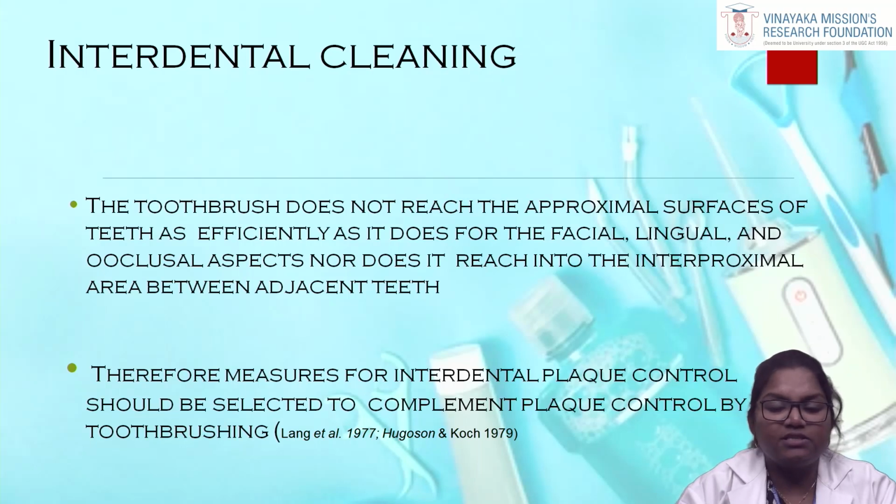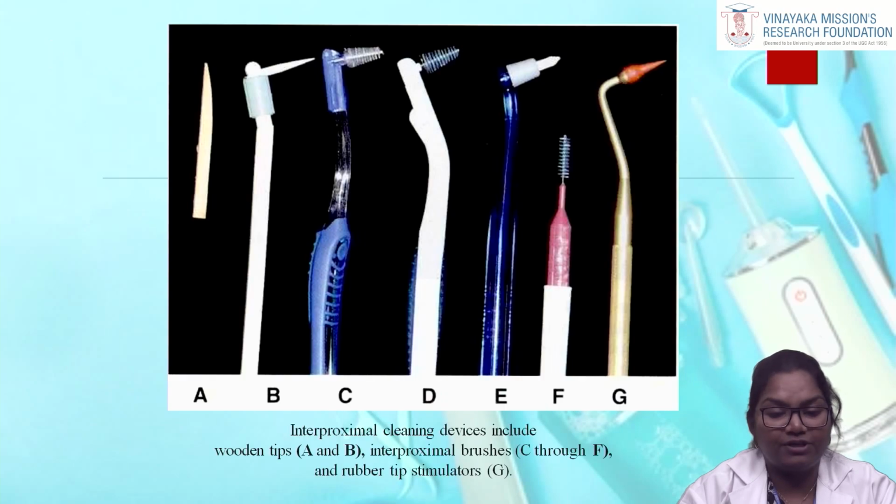The toothbrush does not reach the proximal surfaces of the teeth as efficiently as it does the facial, lingual and occlusal aspects, nor does it reach into the interproximal area between adjacent teeth. Hence, the measures of interdental plaque control should be selected to complement plaque control by toothbrushing.